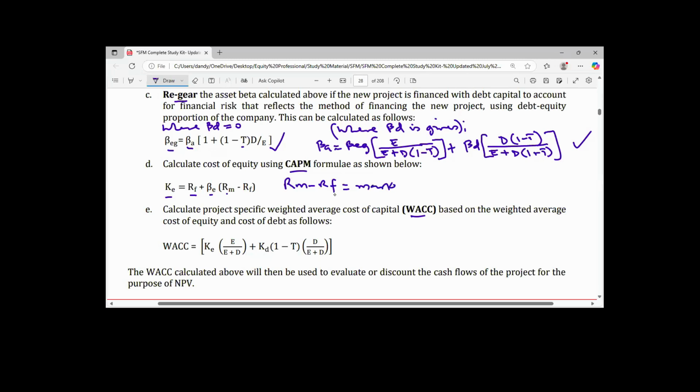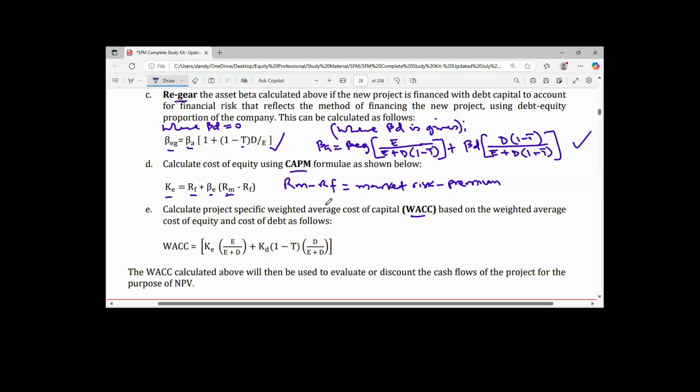Okay, because at times the examiner may not give you the RM, market return, you are going to be given risk premium. So just note that the difference between market return and the risk-free rate of return is called risk premium. Okay, then finally we move to step 5.